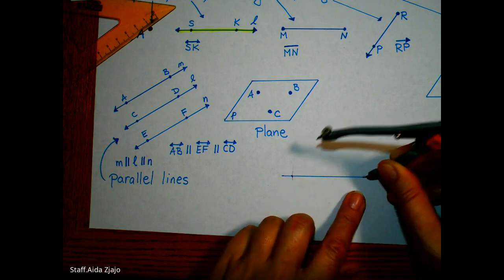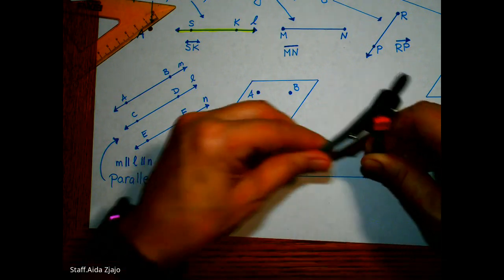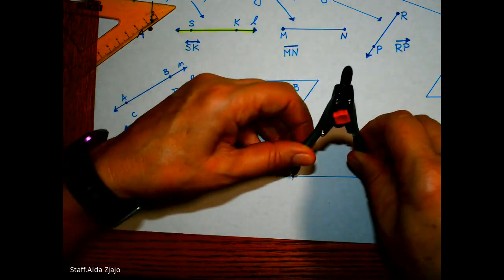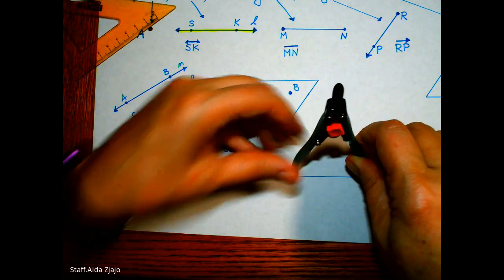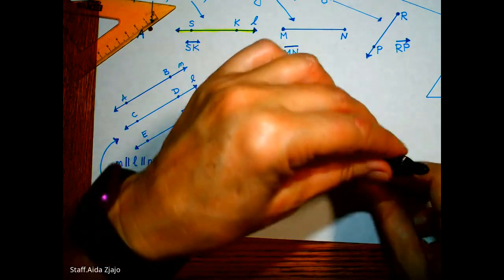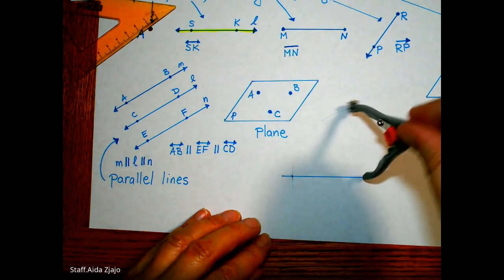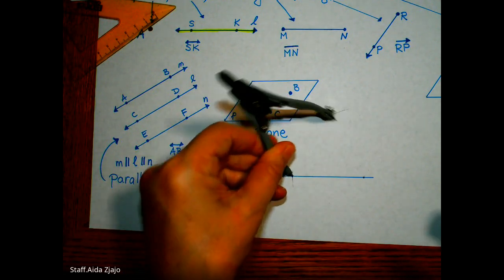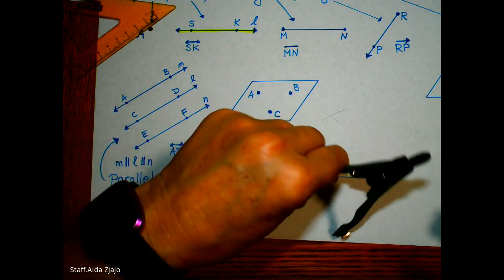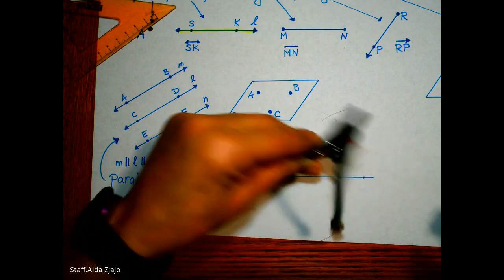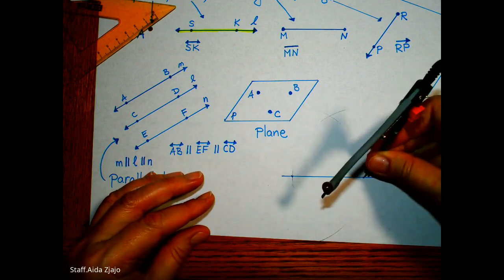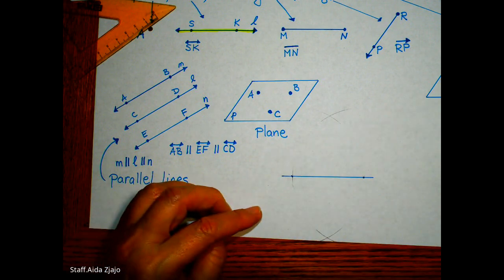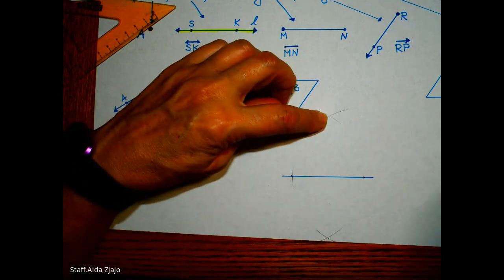Then I can extend my compass how big I wish the line to be, and then I will create a semicircle on one side and another side, and I'm going to do the same on the bottom as well. As you can see, I have crossing arcs here and here.